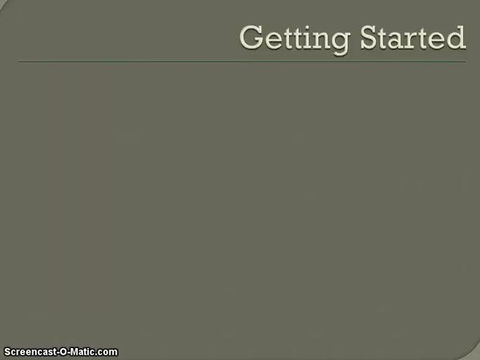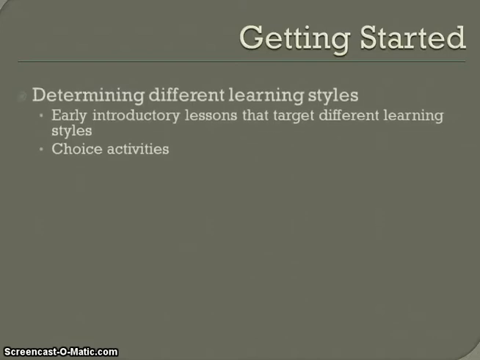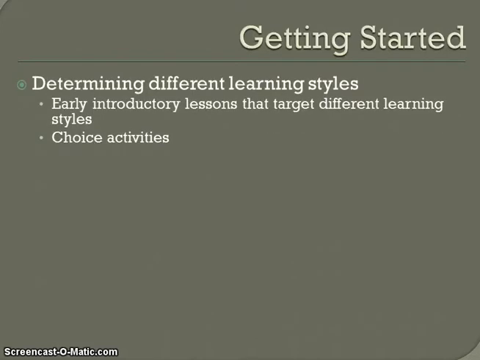Getting started with applying multiple intelligences to the classroom starts out with determining the learning styles of your particular group of students. You can start this off using early introductory lessons, individual lessons that target different learning styles.